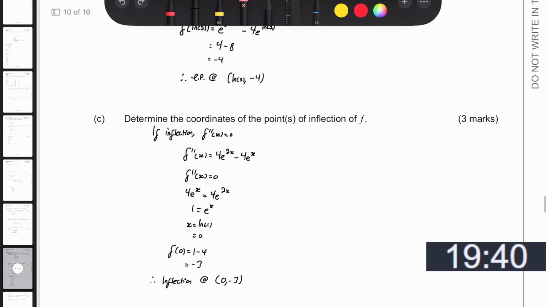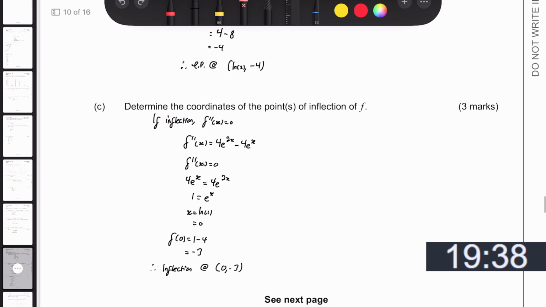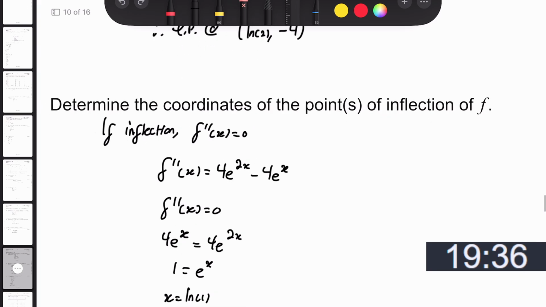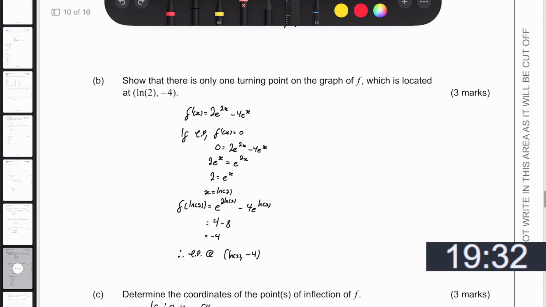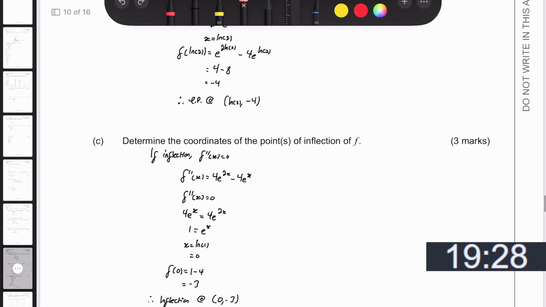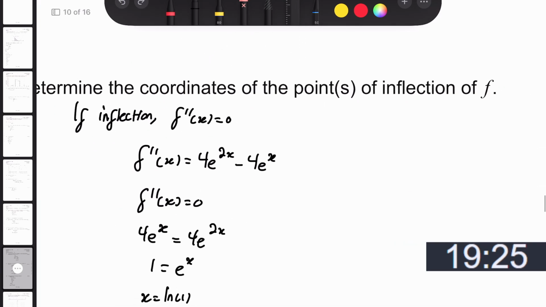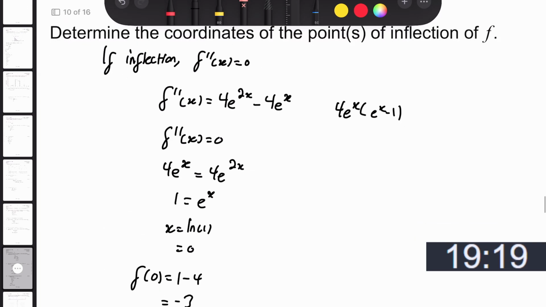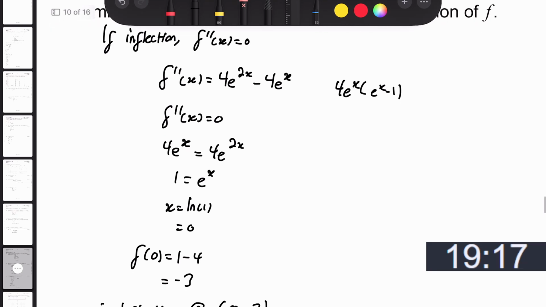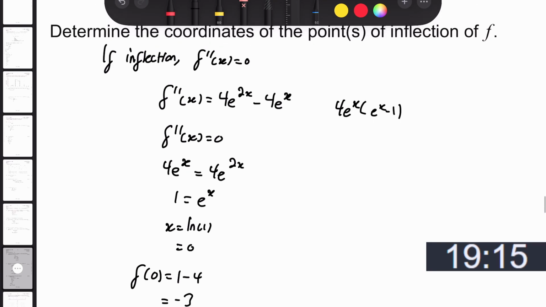Determine the coordinates of the points of inflection of f. So the second derivative is 4e to the 2x minus 4e to the x. So 4e to the x outside of (e to the x minus 1). So then x has to equal 0.